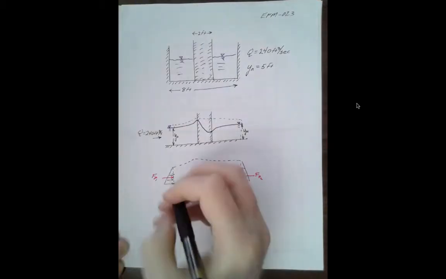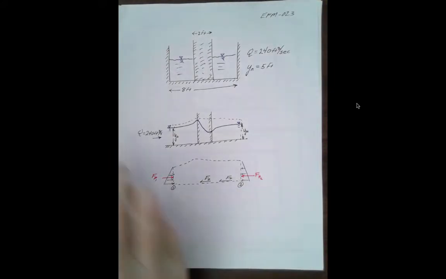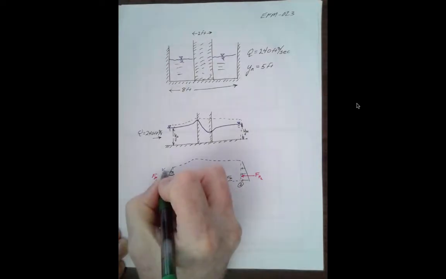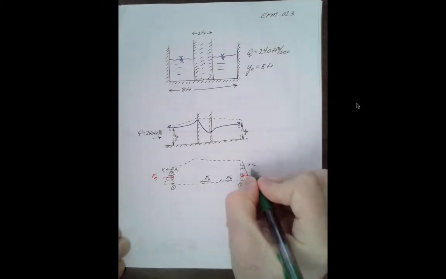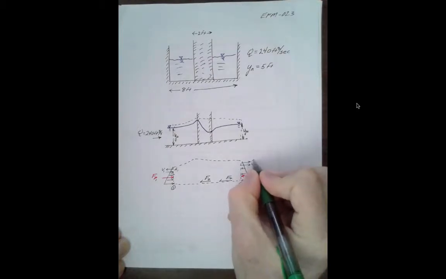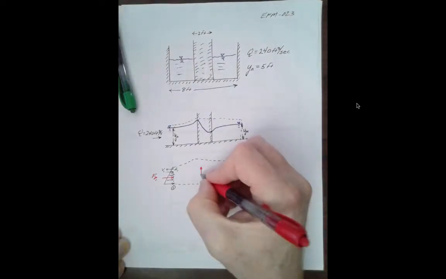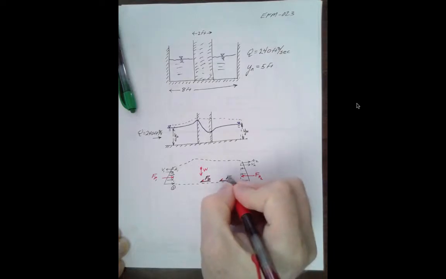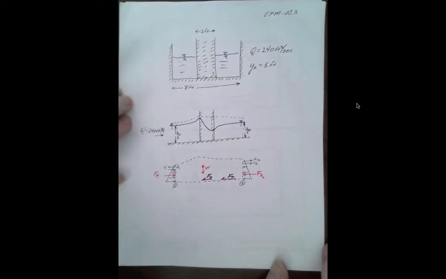We'll name our sections Section 1, Section 2, and we also have whatever the velocity of 1 is, area 1, velocity 2, area 2, and there is the weight force of the water. These should be red because they're forces also. All right, so there is our setup.